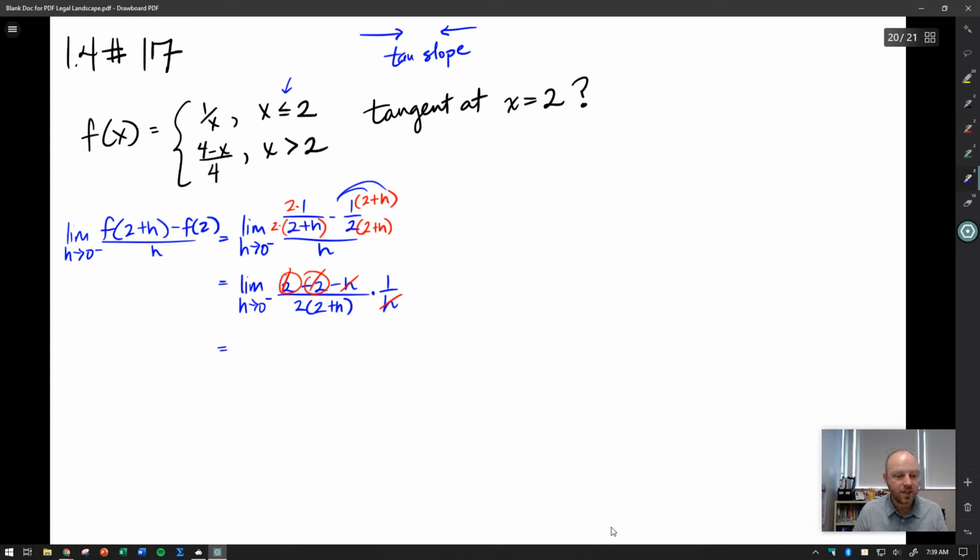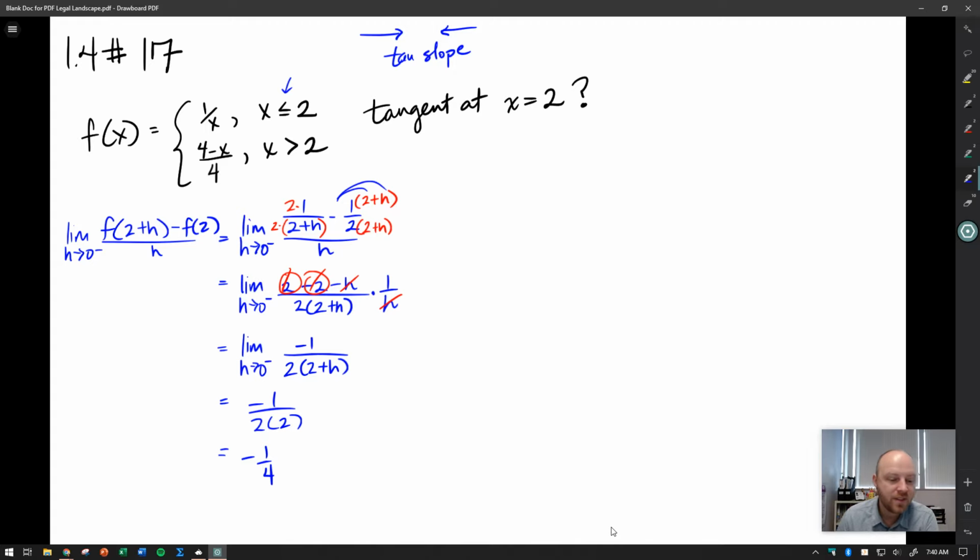The limit as h goes to 0 from the left of negative 1 in the numerator and 2 times 2 plus h left in the denominator. So as h tends towards 0, this expression tends towards negative 1 over 2 times 2, which is negative 1/4. So the slope of a tangent line coming into 2 from the left would be negative 1/4.